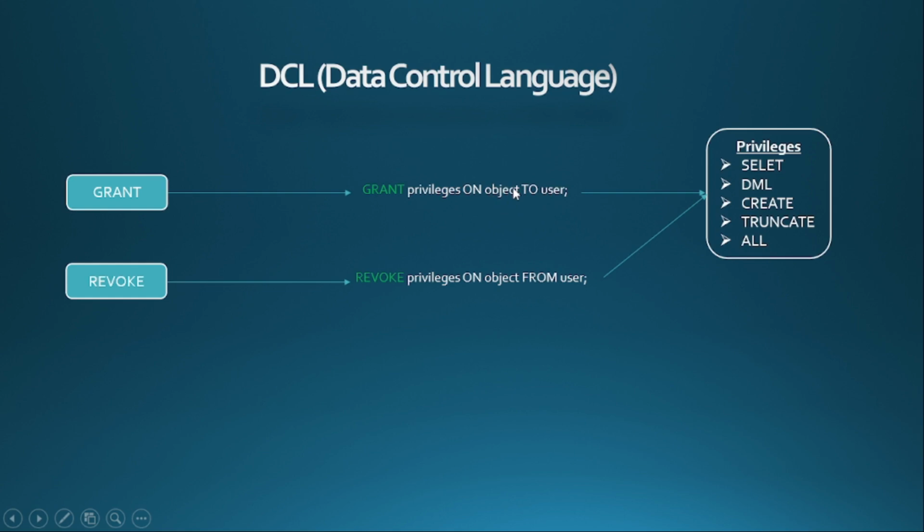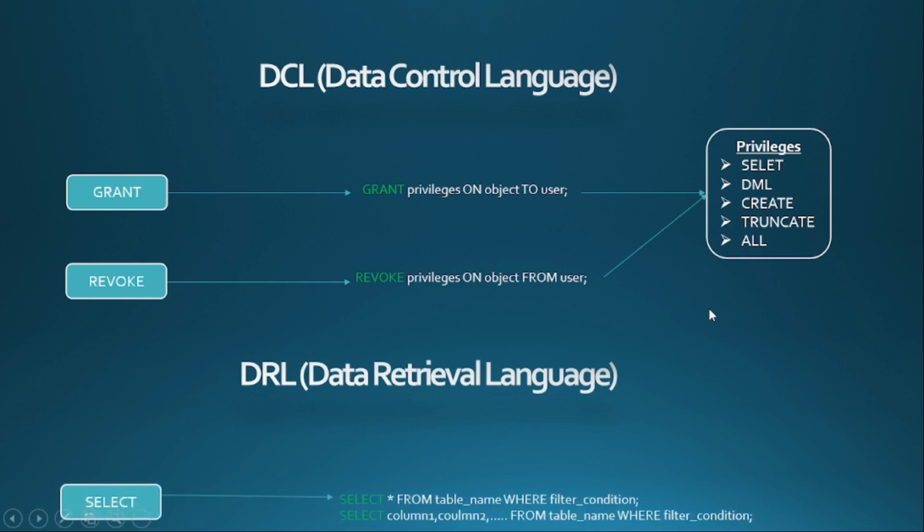An object can be anything like a table, constraint, procedure, any kind of database object. If you want to provide access to this particular user, then we will use GRANT. If you want to revoke the privileges from this object for this user, we can use REVOKE. These DCL operations are mostly used by the DBA team. So we'll see it later.